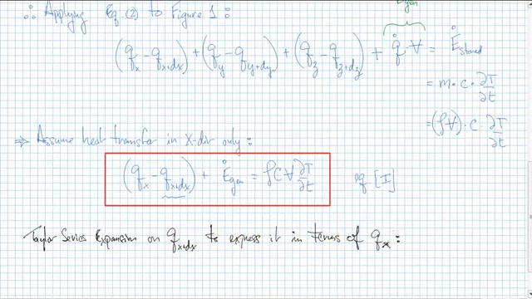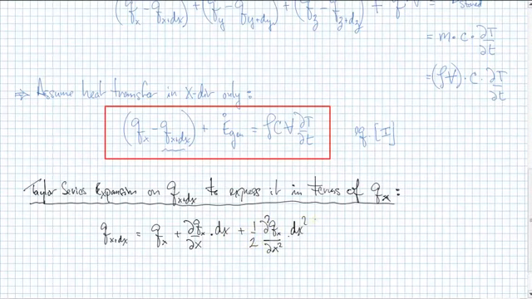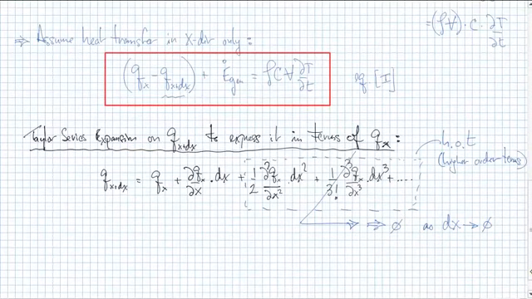If I know the value of a function at x, then I can express it in terms of linear combinations of derivatives of that function with respect to x in the following form. And if my element is small enough in the x direction, then I can typically get rid of the higher order terms and simply look at the linear component of the Taylor expansion, which in this case would be the dQx/dx times dx. Okay, so to a good approximation, if my element is small, Q sub x plus dx is equal to this.